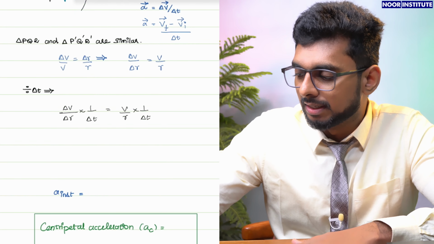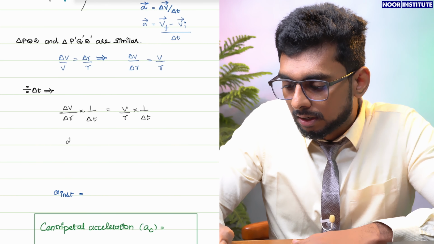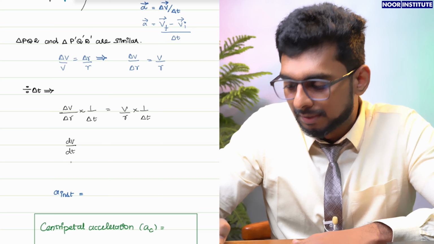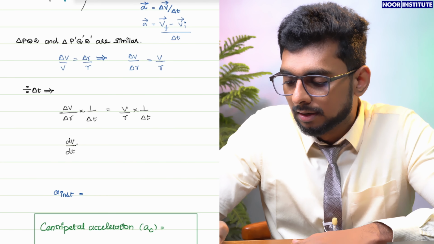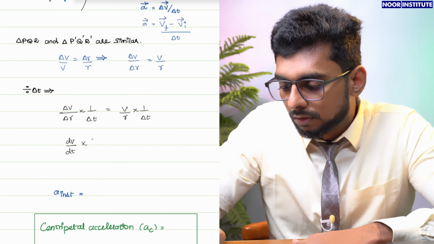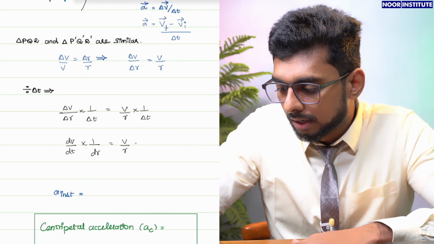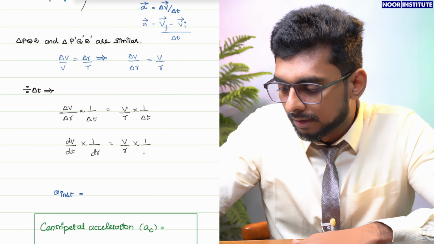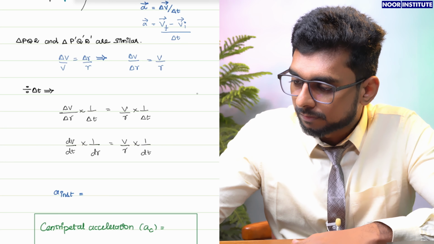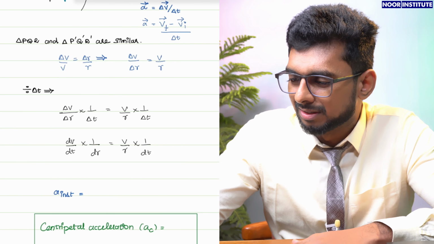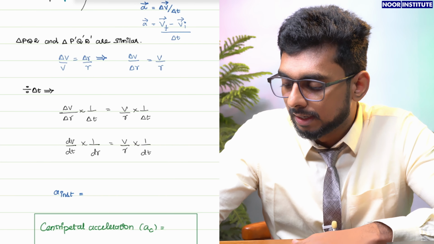Let's do a differential thing into it. So you'll have dv by dt, which is nothing but an instantaneous. That's what I've written over here, into 1 divided by dr, which is equal to v by r into 1 divided by dt, right? So now if I do a little bit of rearrangement, then I'll get the instantaneous.